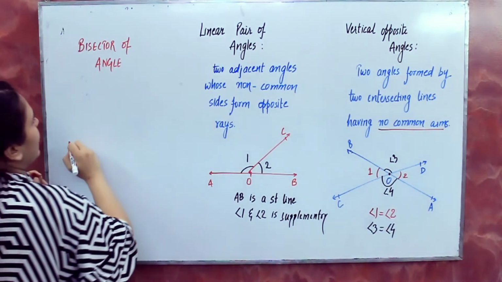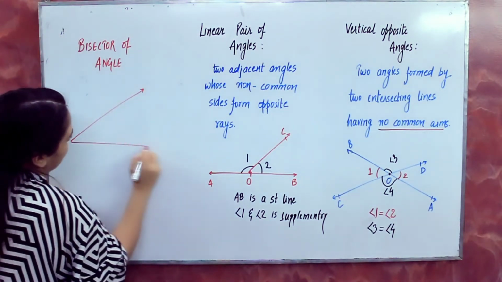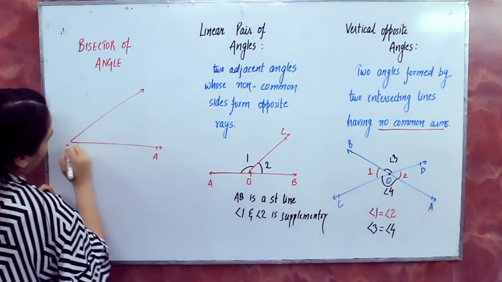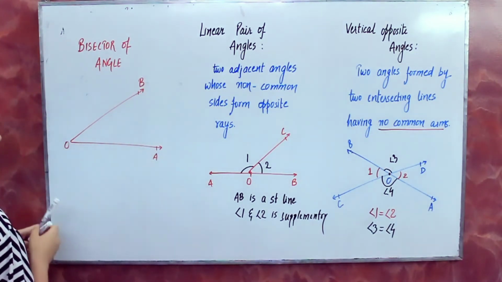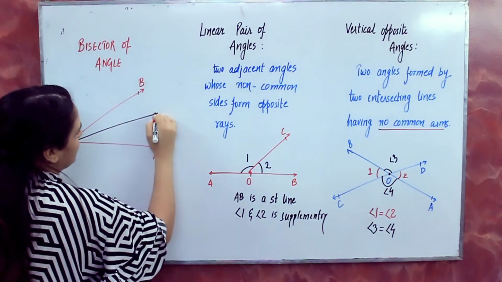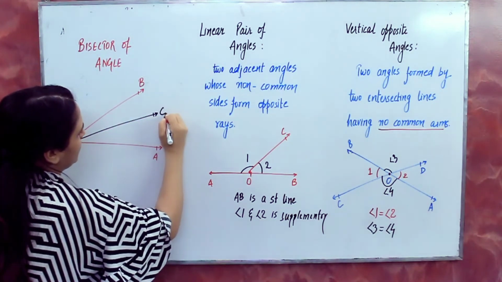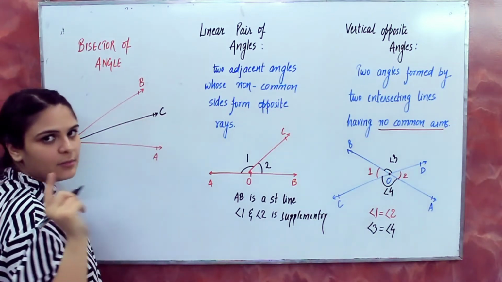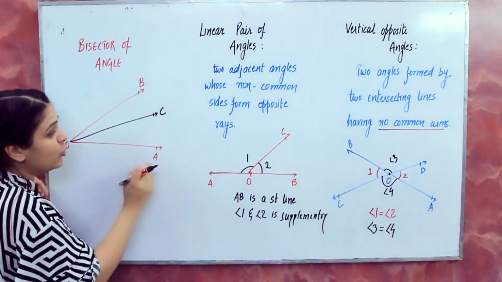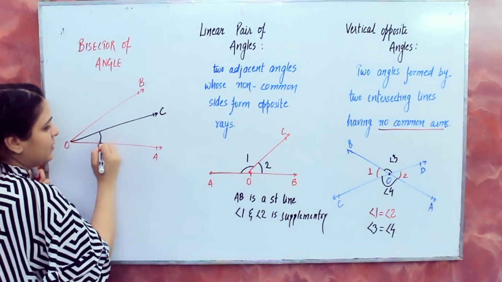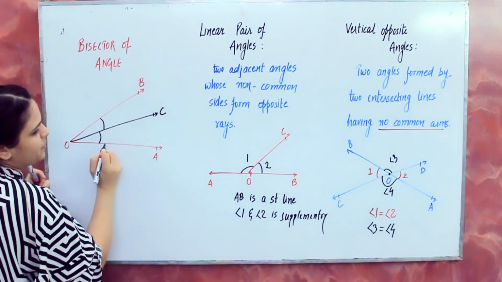To understand bisector of angle, I am making an angle AOB, and let's say it's a ray OC. OC will be the angle bisector, or you can say OC will be the bisector of angle AOB when these two angles are equal.